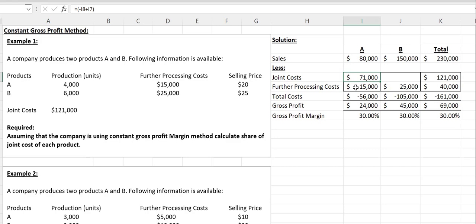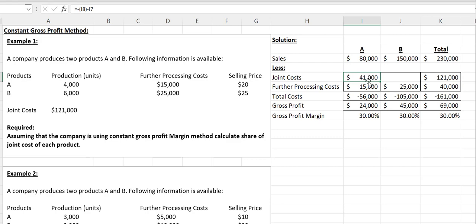No, it's not 71,000. It should be 41,000.